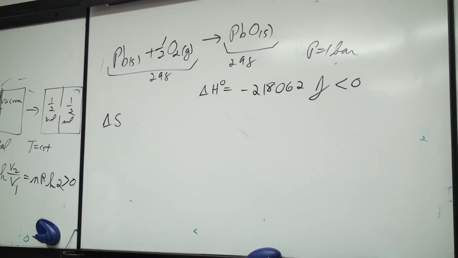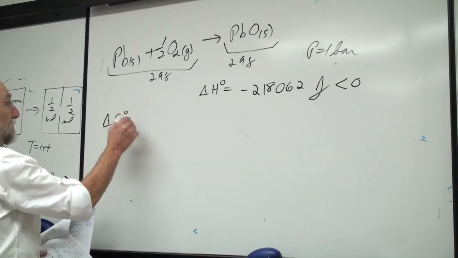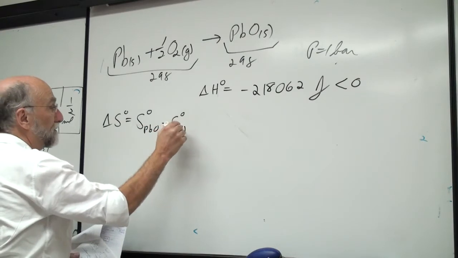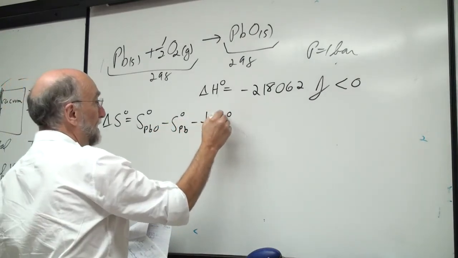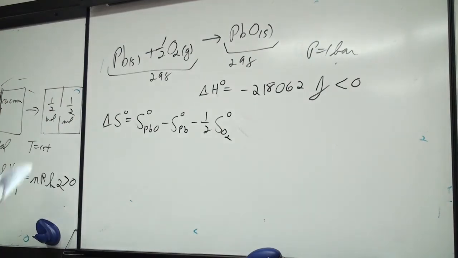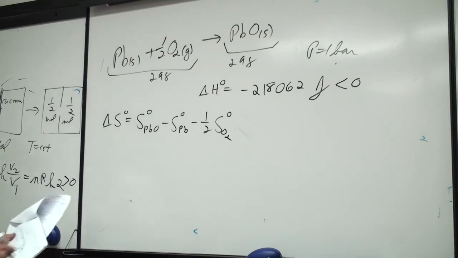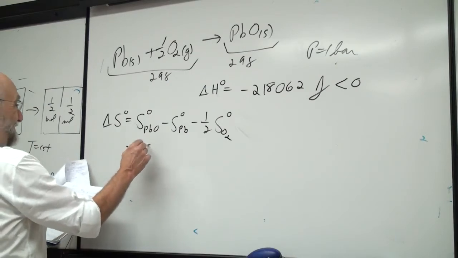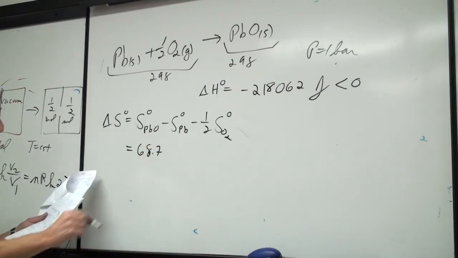I actually find in my thermodynamic tables absolute values of S. So delta S0 would be the standard entropy of PbO minus the standard entropy of lead minus 1/2 the standard molar entropy of oxygen gas. Entropy of the products minus the entropy of the reactants. And I look this up in my tables, or I use FactSage, and I see that this is 68.7 joules per mole.